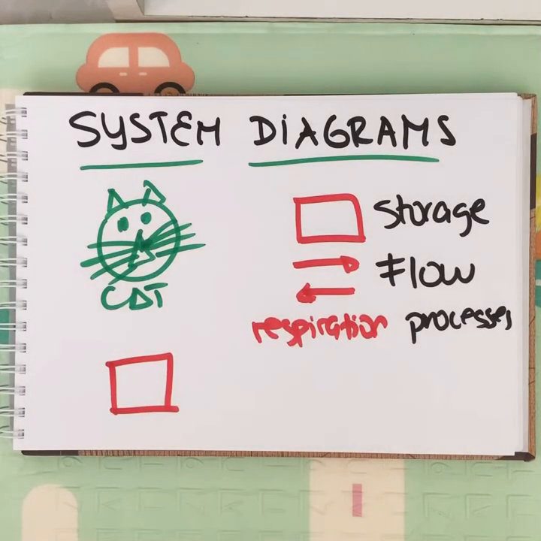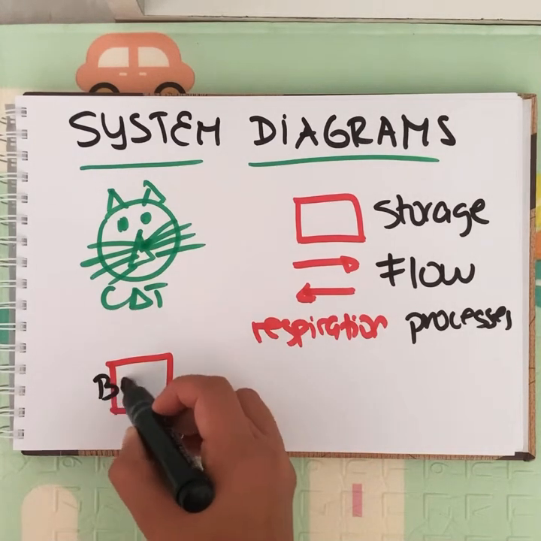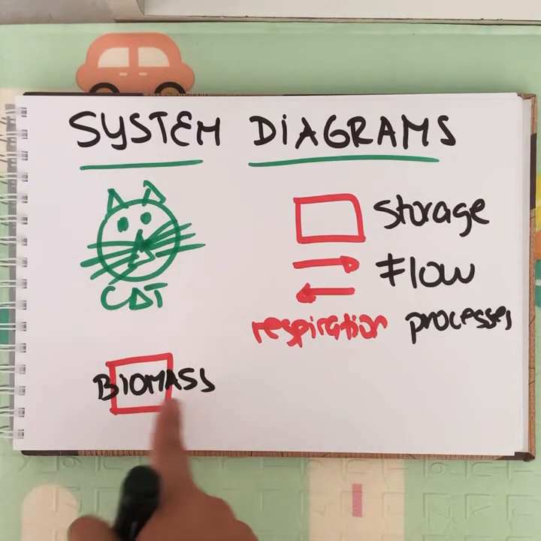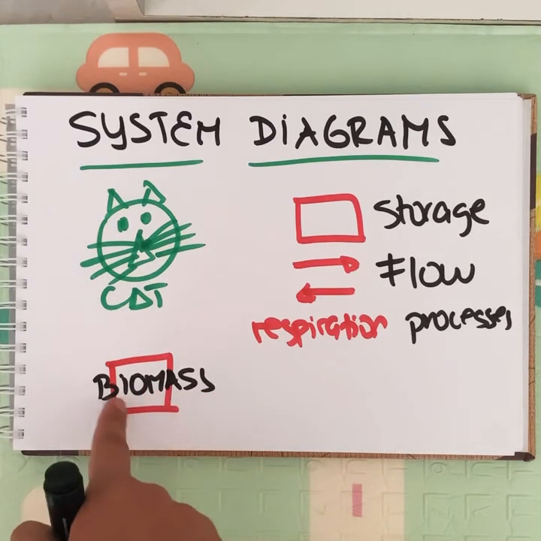And then we have to analyze what are the things or thing that the cat has that stores energy. In living organisms, the energy is usually stored in its mass, and that is called a biomass. A biomass is a mass that is living, so it's a mass that has life.